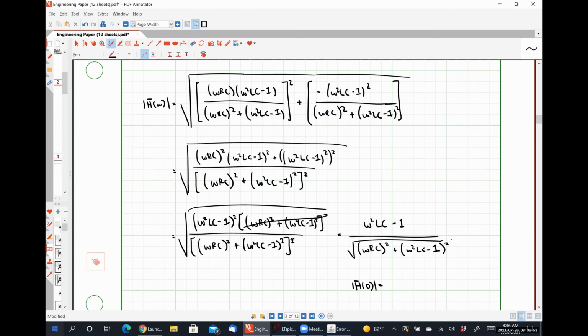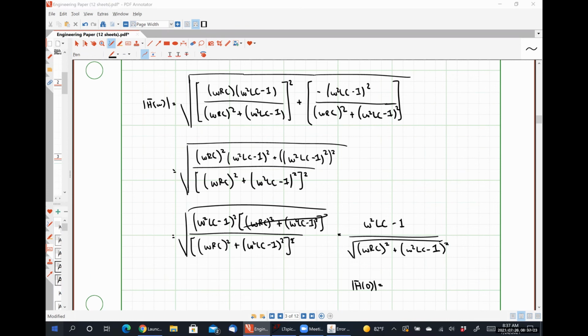But when we take the magnitude of it, here's where we're going to have a little bit of a pickle per se. We're explicitly ignoring negative frequencies, which mathematically exist, but in practice do not. So if we evaluate this at omega equal to 0, we're going to get negative 1 over 1, which is negative 1.